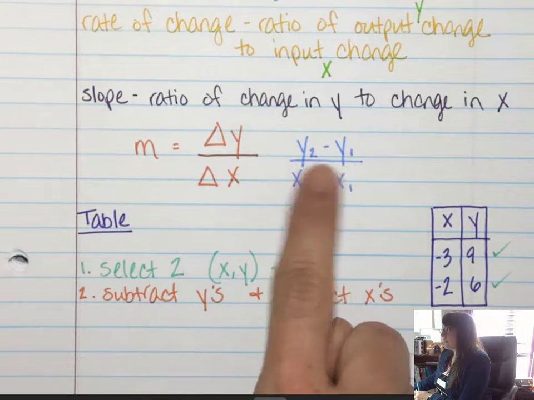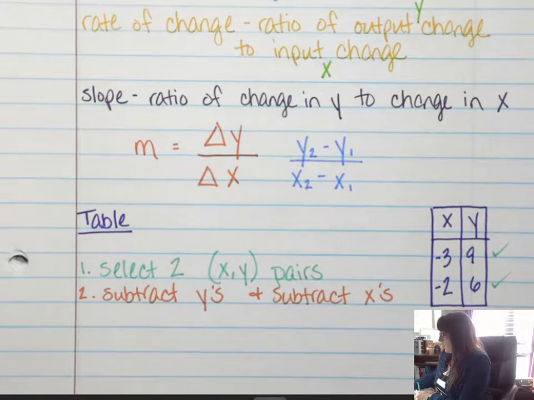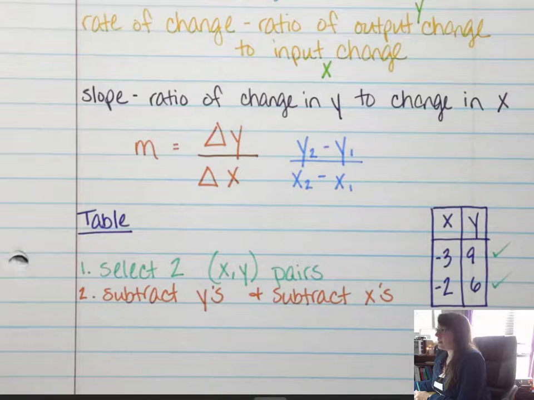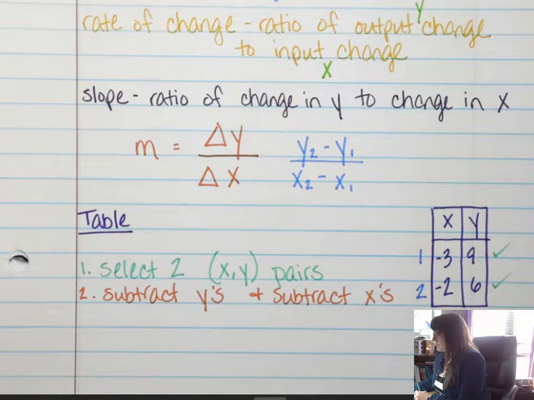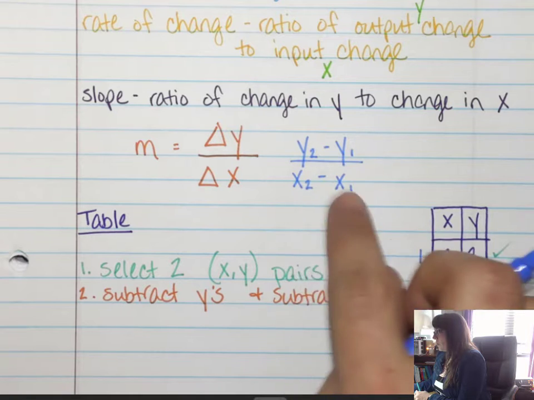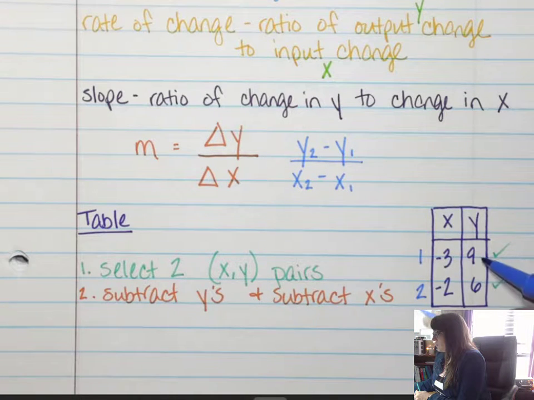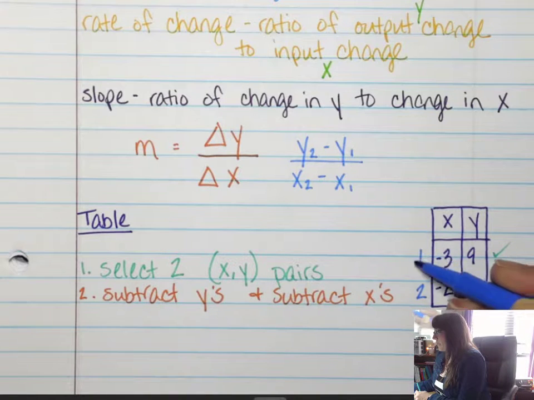And these are just identifiers. So usually, I mean, it doesn't matter which ones are x1s and which ones are y1s. So this could be your 1 set, and this can be your 2's set. You just have to keep them in order. If you do 9 minus 6, you have to do -3 minus 2.